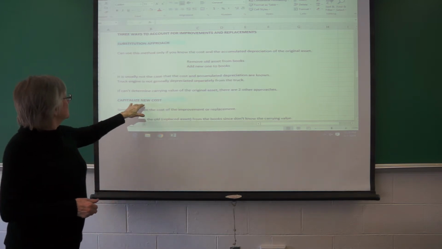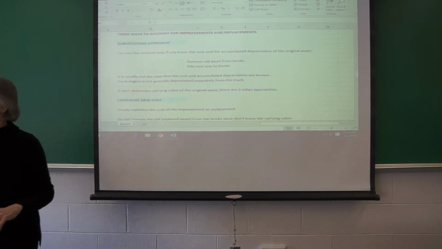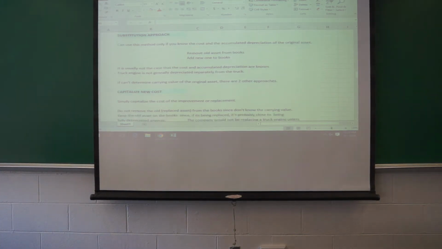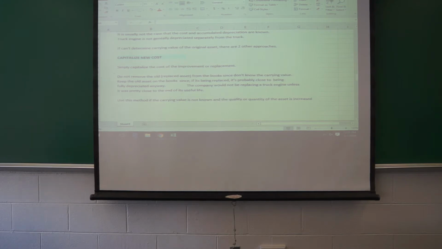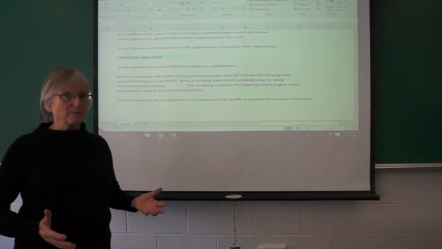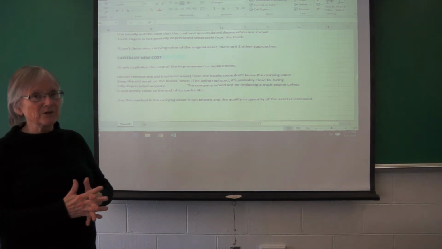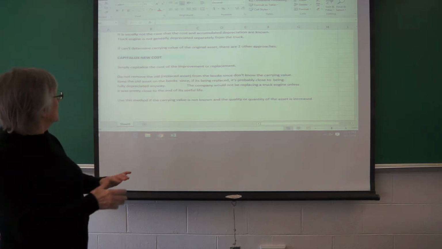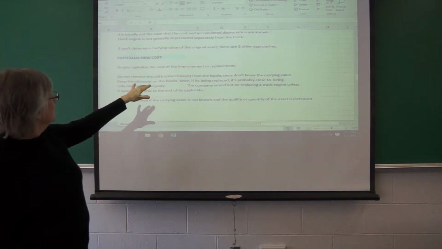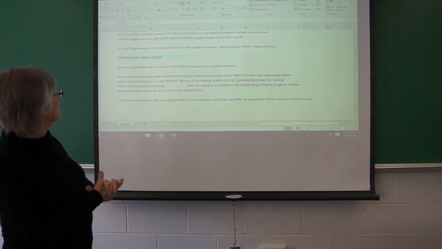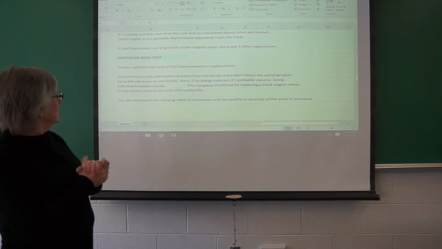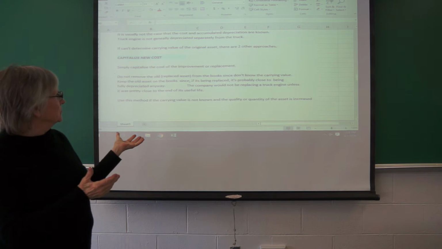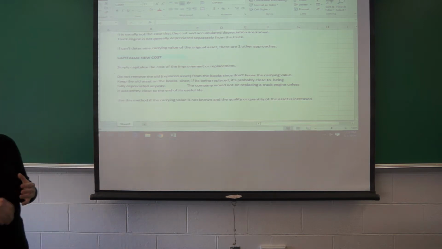So in that case, you would just capitalize the new cost. In other words, you forget about what the old one is on the books for. You make the assumption that if you're replacing it, it's probably pretty much fully depreciated anyway, so we'll just let it go. And so you simply capitalize the cost of the new improvement or the replacement. Okay, so that's when the carrying value is really not known.